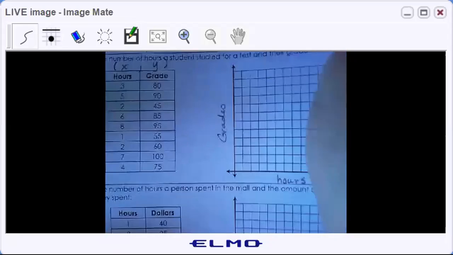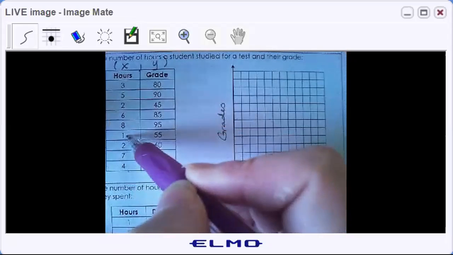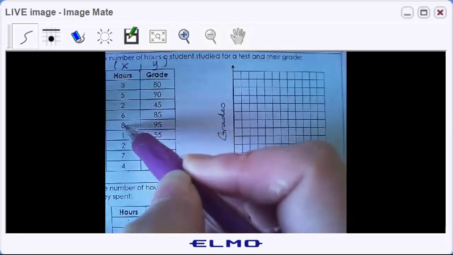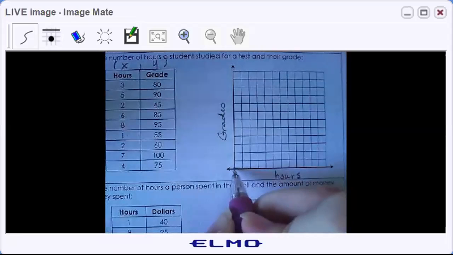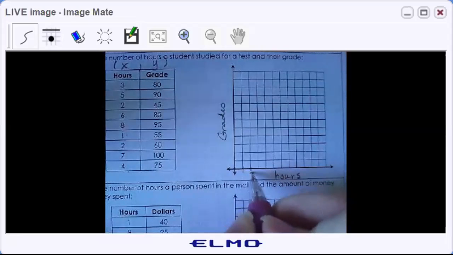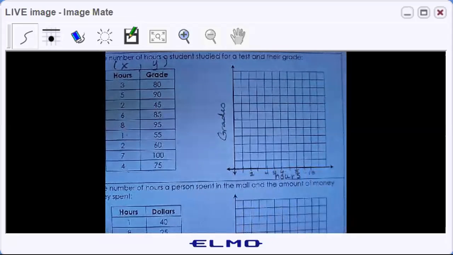So I've got anywhere from 1 to, looks like 8 hours that people spent studying. So if I try this, we'll call this 0 hours. 1, 2, 3, 4, 5, 6, 7, 8, 9, 10. So I've got enough room to do that.